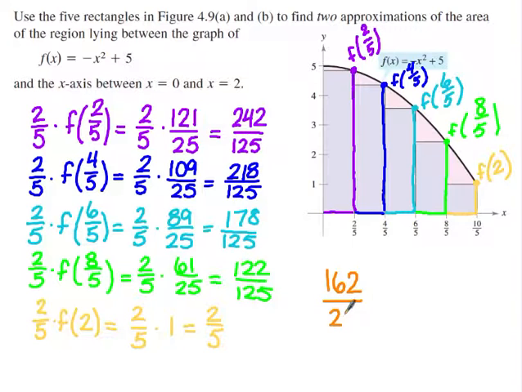Which is approximately 6.48. Okay. So would the real area underneath that curve be smaller than 6.48 or bigger than 6.48? Bigger. Because notice I'm doing underneath the curve. Okay, so the true area of the pink is going to be bigger.